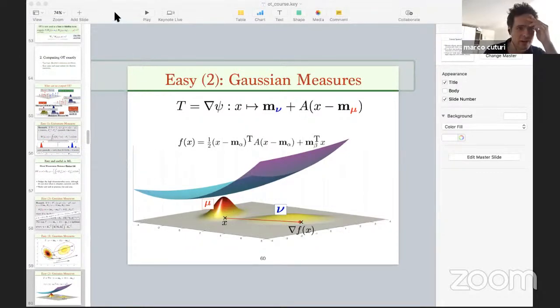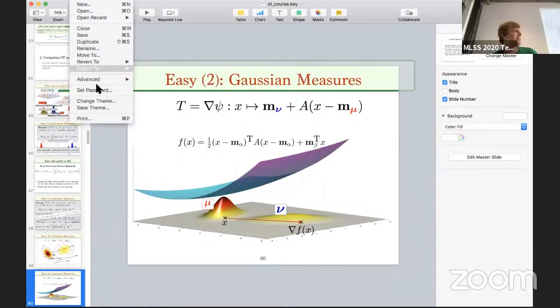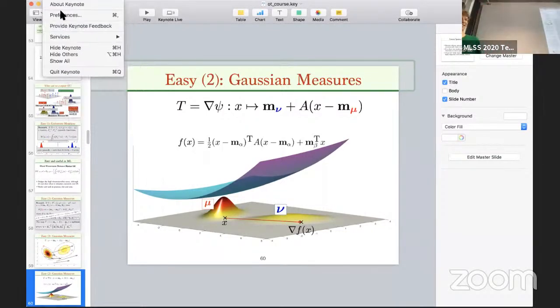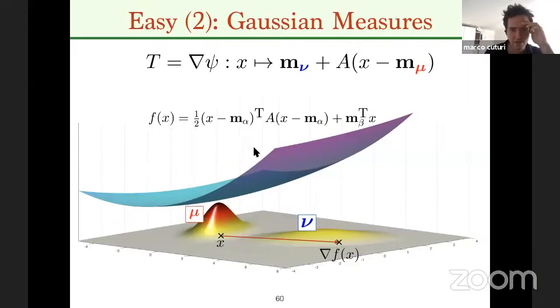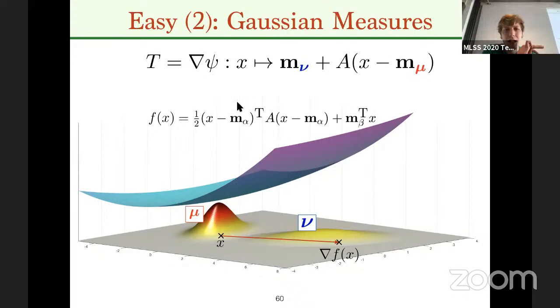Okay, yes, exactly. So I think it's here. So it's preferences, and then slideshow. Exactly. It should be just one click. Do you see it now? Yeah. Now we see it. Thank you. Okay, great. Sorry. I switched computers between yesterday and today because Keynote crashed yesterday, so I hope this one won't.